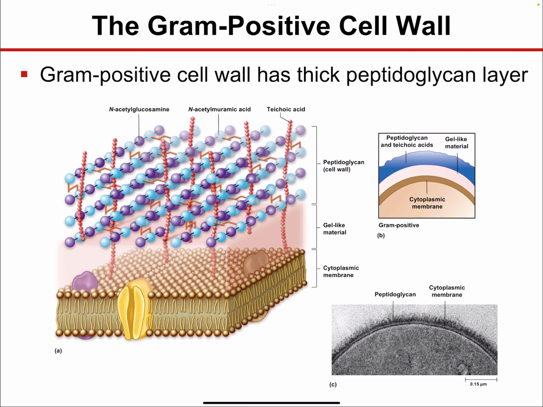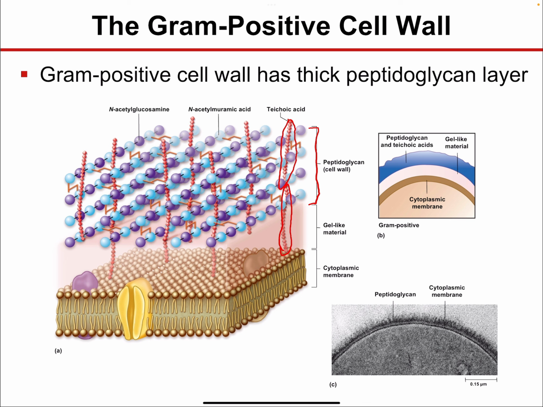All right. So the gram positive, in addition to the peptidoglycan, are going to have some lipids that we call teichoic acids. These teichoic acids can be attached to the peptidoglycan, or they can be attached to the plasma membrane right here.